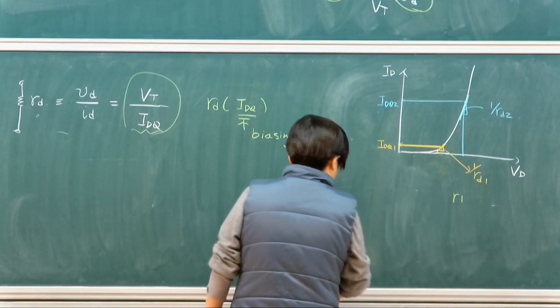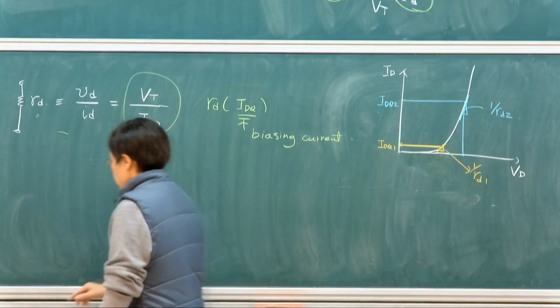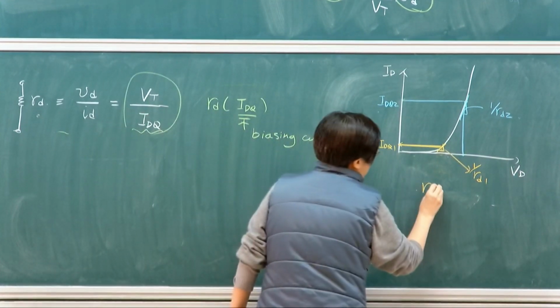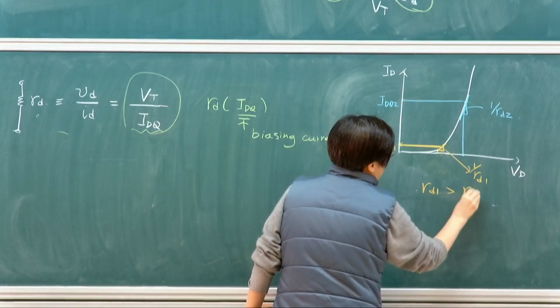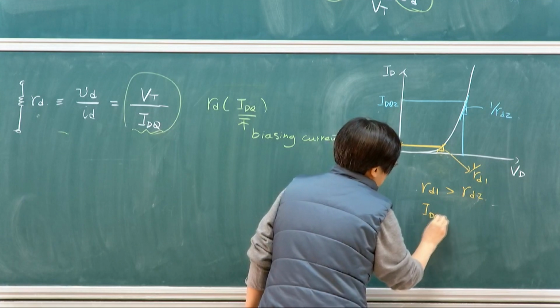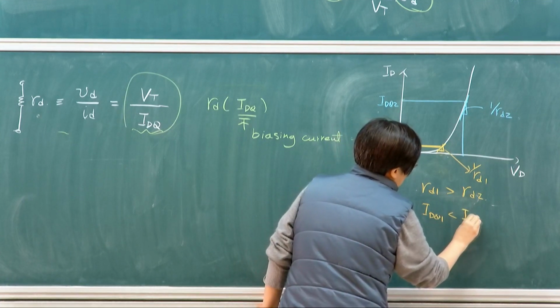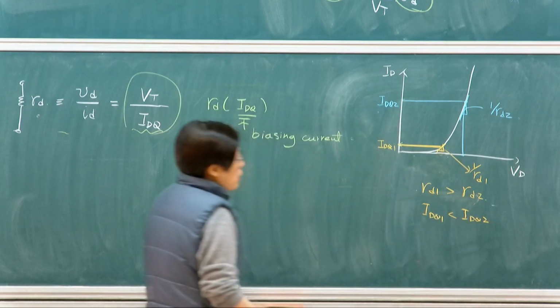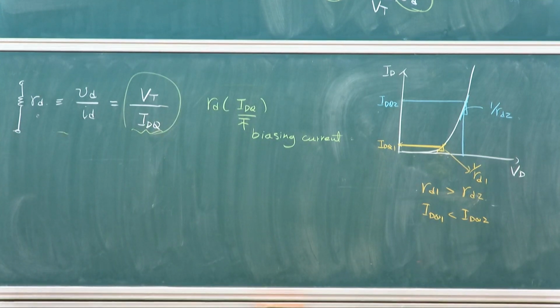So RD1 is larger than RD2, because at IDQ1, the higher your biasing current, typically the resistance is smaller because of the exponential nature of this device.